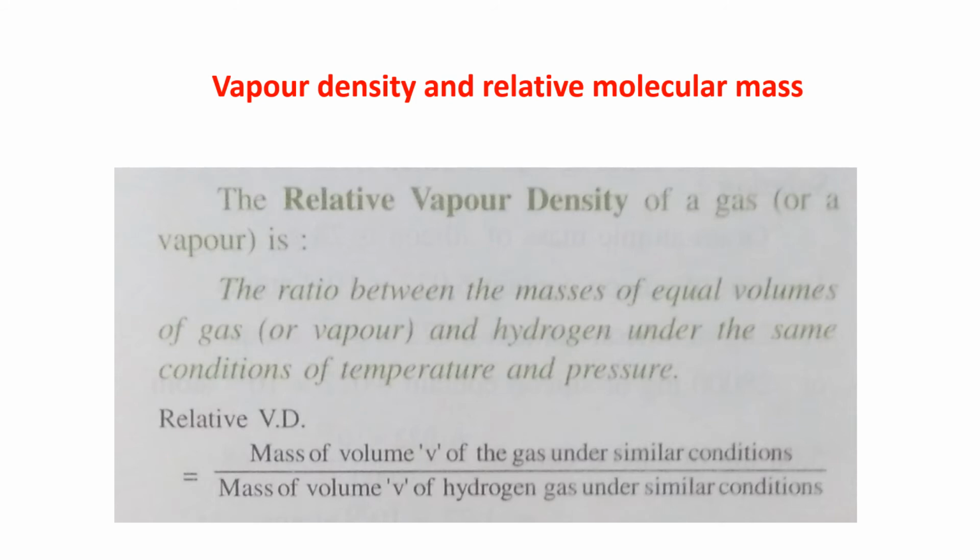Now vapor density and relative molecular mass. Now the reduced portion has come for your 2021 batch. This chapter is starting from here, that is vapor density and relative molecular mass. But I told you the basics of this chapter, otherwise it will be difficult for you to do the numericals and difficult to understand the following slides.